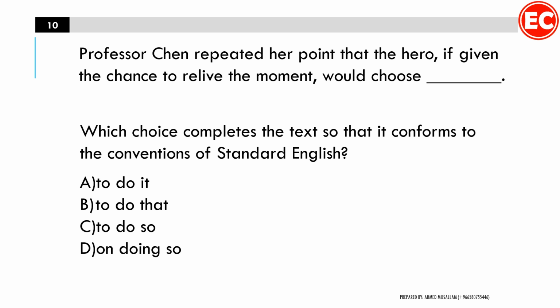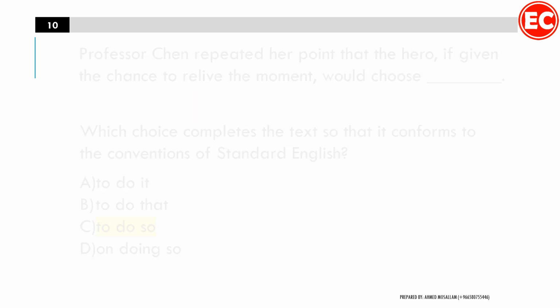The hero would choose what? To do with, or to do that, or to do so, or and doing so. Pause your video, try your best to understand, to make it clear, not ambiguous. Yes, the answer is very simple and direct. It is to do so.